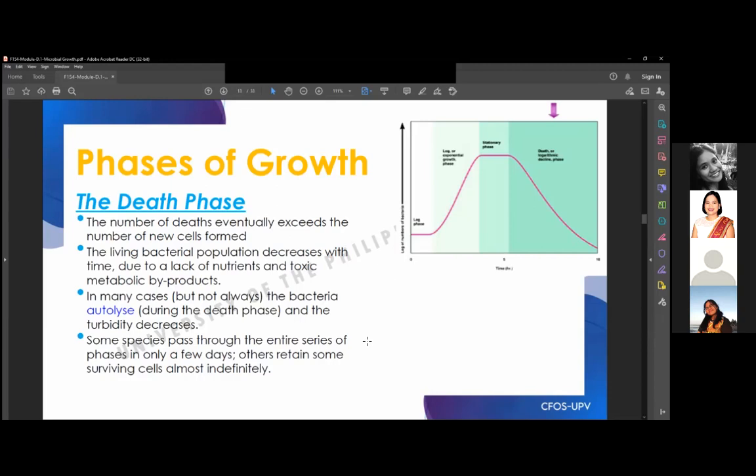Okay, and then eventually mag-increase yung iyong absorbance reading. So the indication of that increase in absorbance reading is that some of the microorganisms in your culture have already autolyzed. Kaya nagsa-start nang mag-clear yung culture mo. Okay?